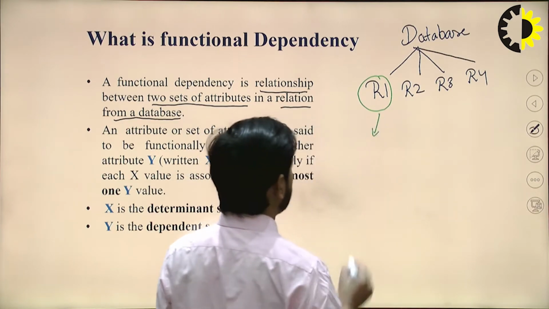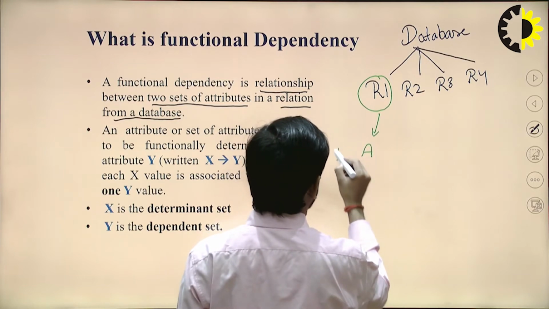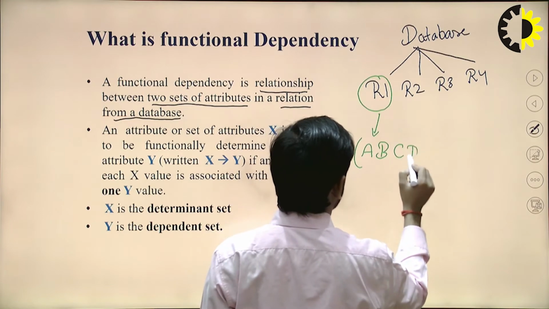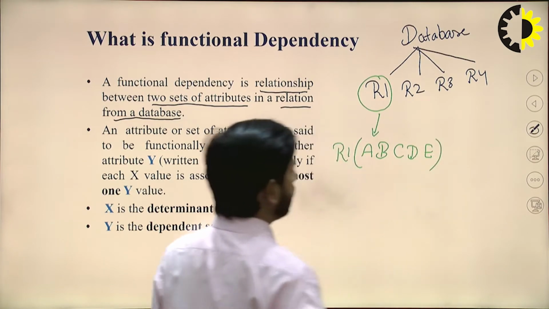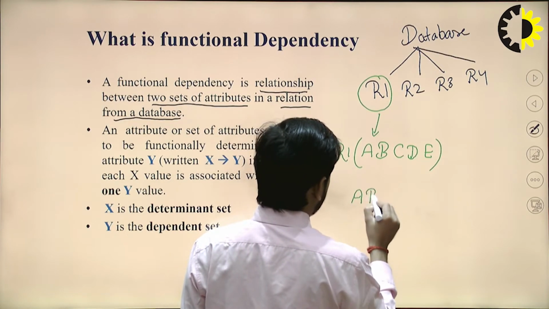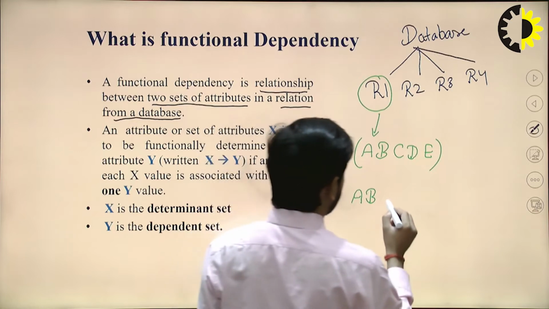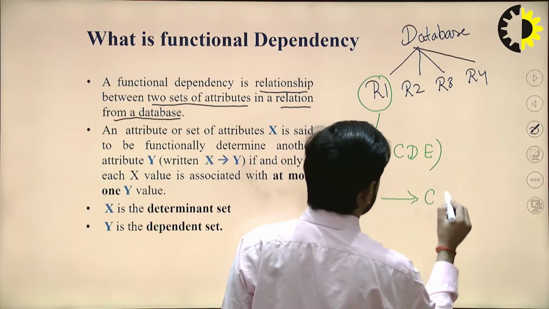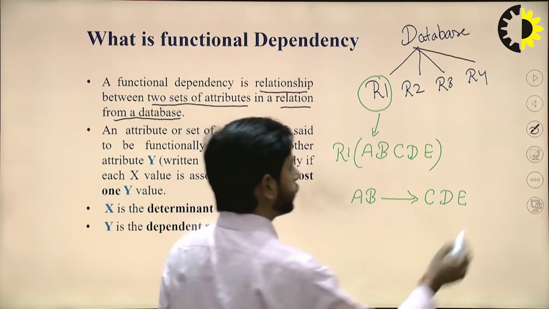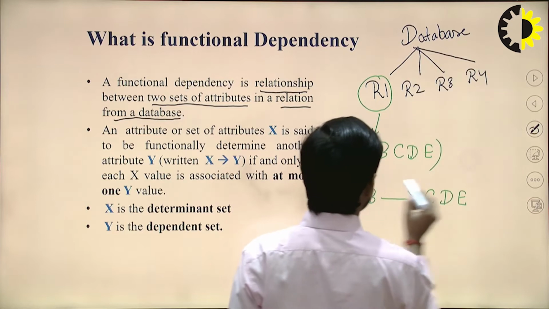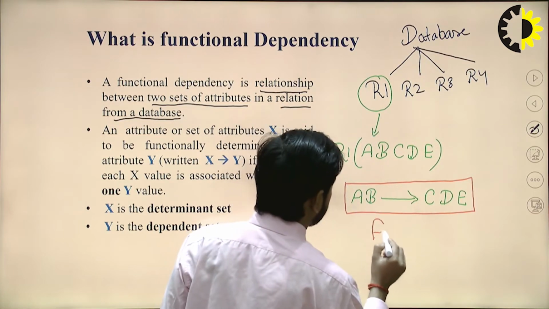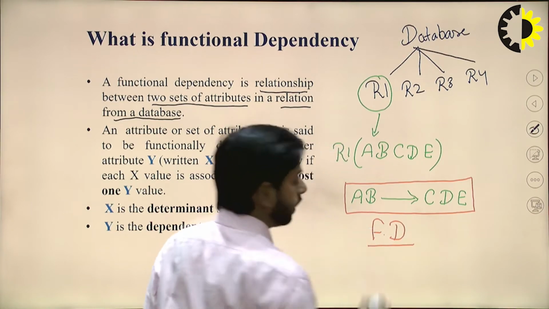Suppose the schema of relation R1 is A, B, C, D, E. Let's suppose through ABC we can find out C, D, E. So this is the functional dependency, or in short I can write FD.